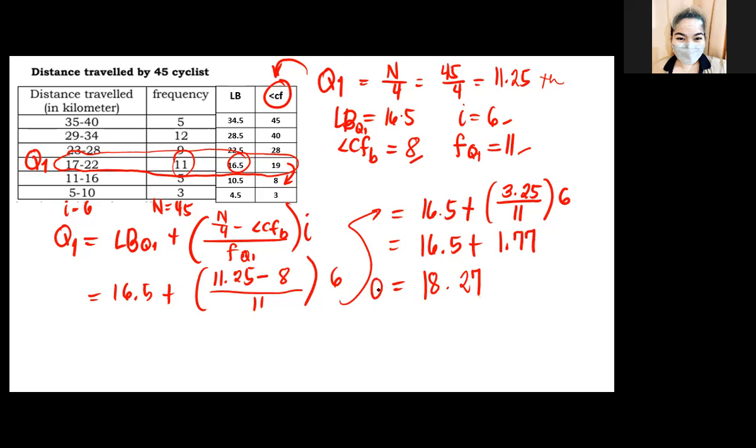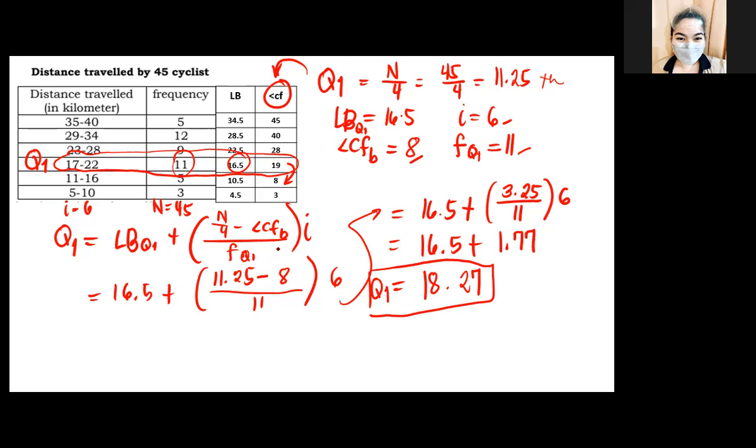So this is our first quartile, the lower quartile, which is 18.27.